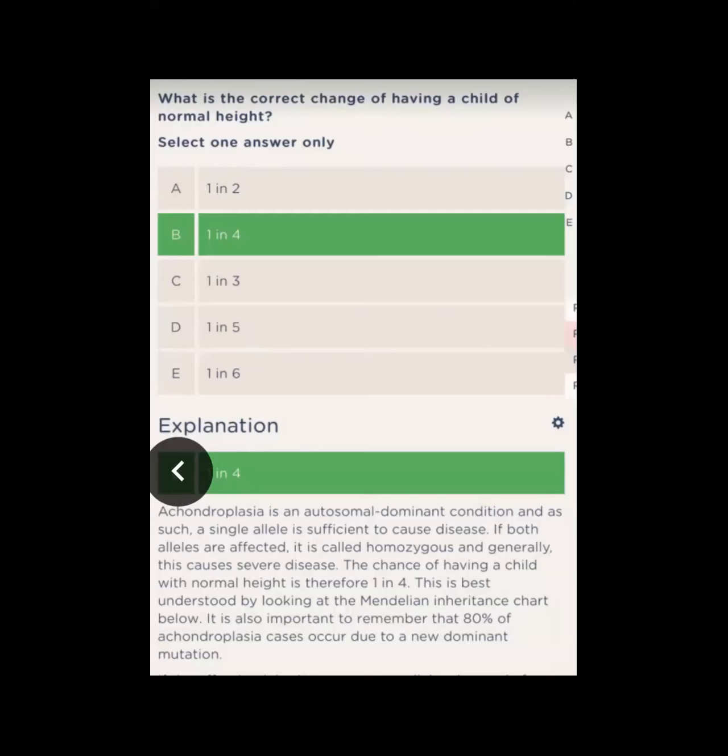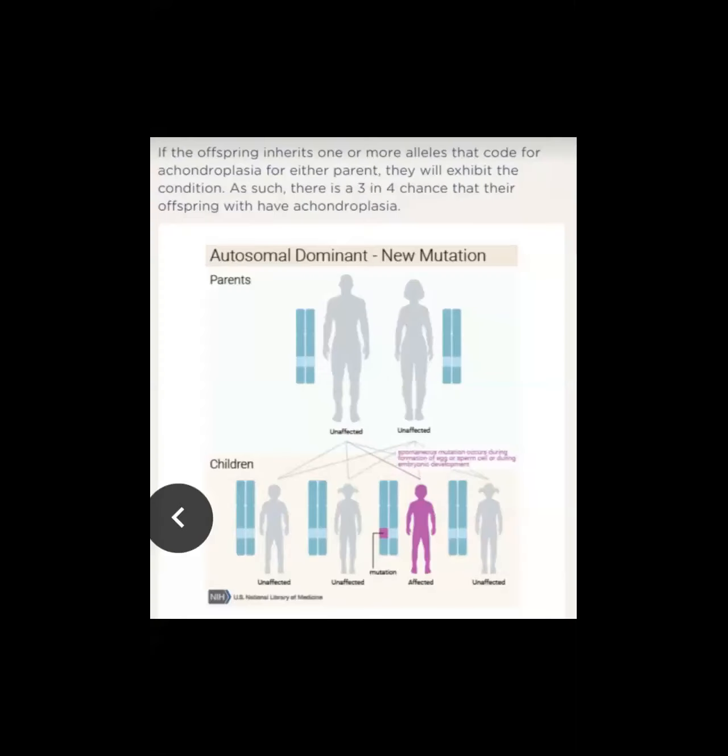It is also important to remember that 80% of cases of achondroplasia occur due to a new mutation. That means they do not have a family history. In this picture we showed you that if both parents are affected in achondroplasia, one child will be severely affected, two children will be only affected, and one child will be unaffected.